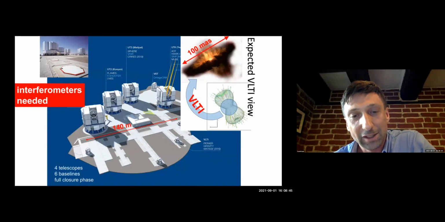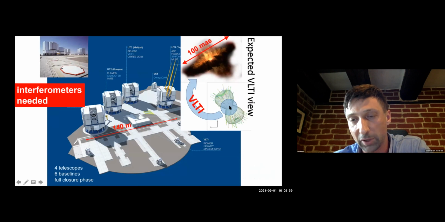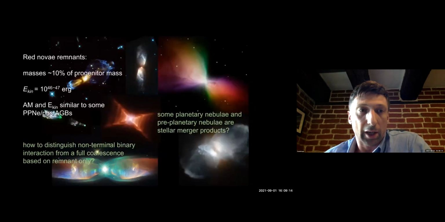And to study those objects in great detail, because they are at very large distances, usually at kiloparsec scale, we need to use interferometers, the technique that is most challenging and difficult. But for instance, to investigate the disks that can be related to those bipolar structures, we need the highest resolution possible. So usually in this epoch, we need the VLTI interferometer and other optical interferometers.